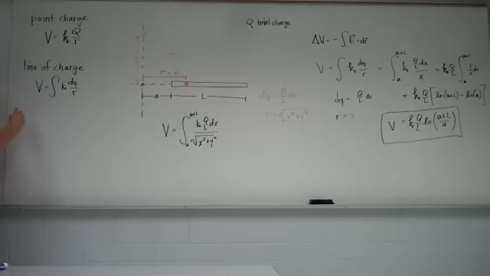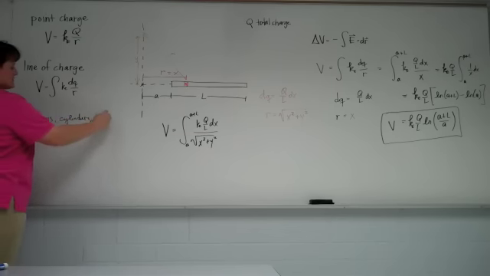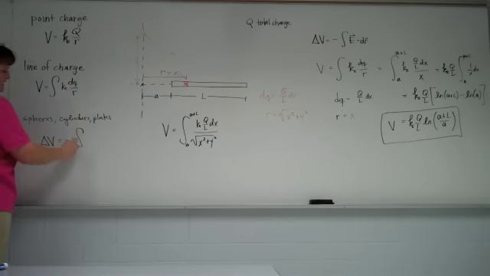For anything else, like spheres, cylinders, plates, etc., it's going to be easier to find it this way, because the electric field's not hard to find around those objects. In fact, we have equations for the electric field around many of these. So it'll be easy to find the delta V by integrating whatever their electric field happens to be.